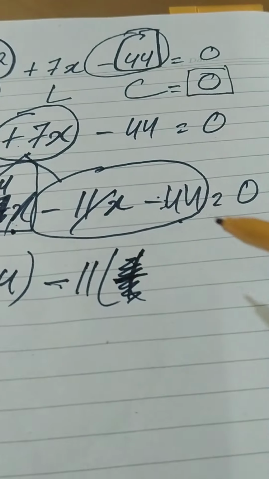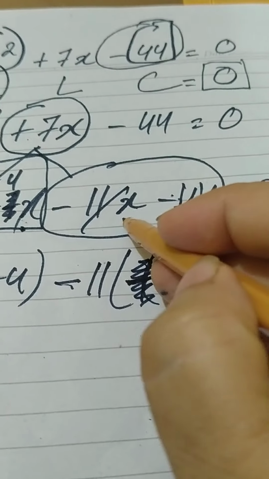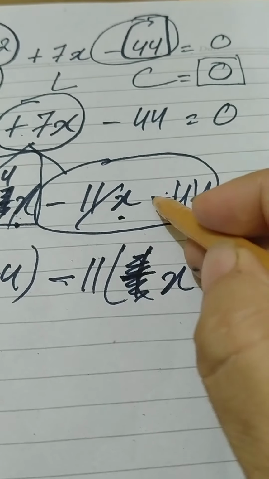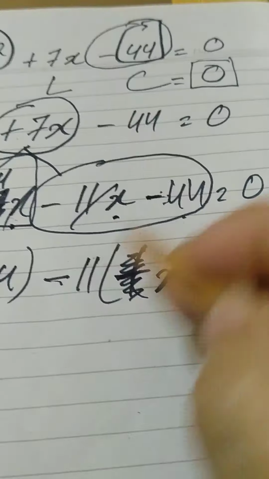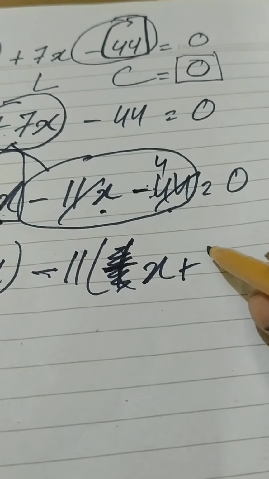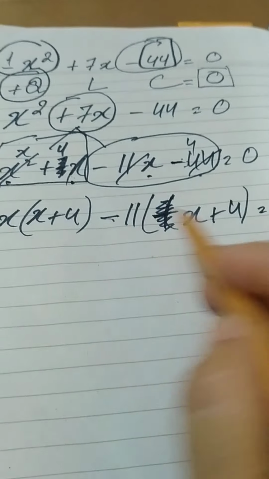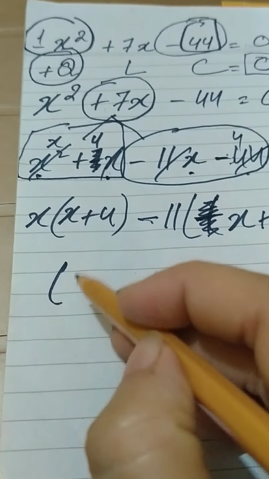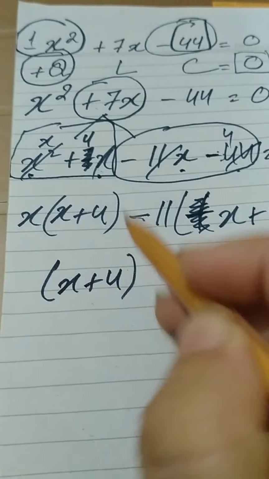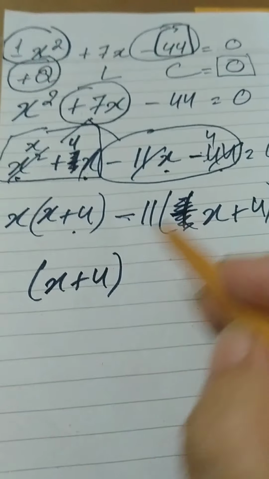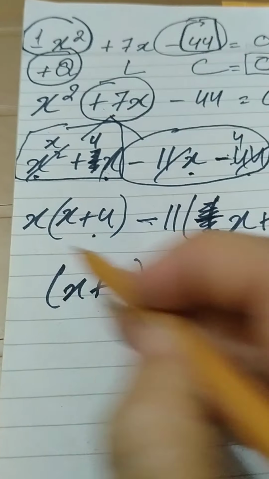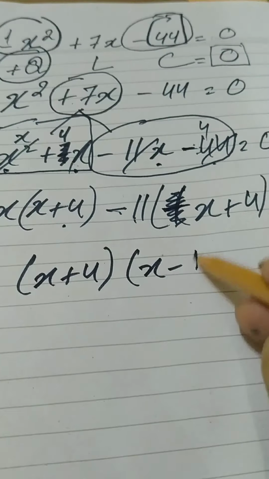Then 11 cut, so we have x left. Minus minus plus, 11 4s are 44. When we are doing pair common, I need the same bracket. Yes, both brackets are the same. In the last, we write this same bracket as a common factor, and put this x and this minus 11 inside the bracket. So factorization is done.